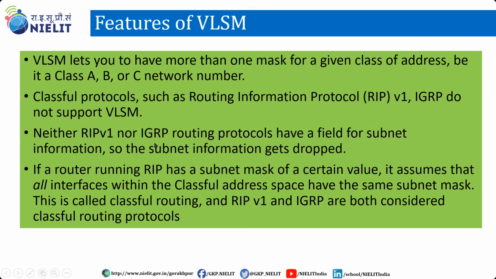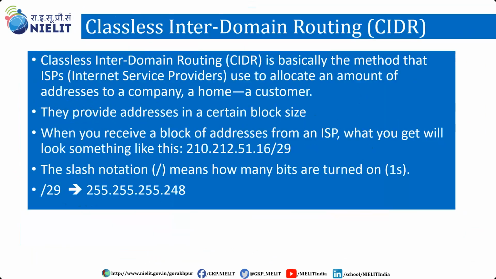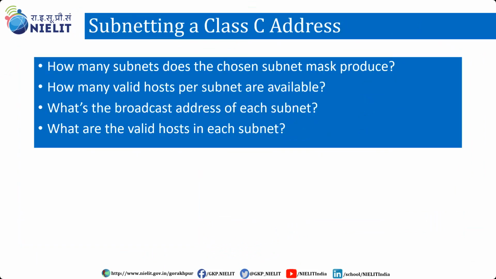nor IGRP routing protocol has a field for subnet information, because these routing protocols do not have a special field available for providing a variable subnet mask. So it is assumed that this protocol will use the same subnet mask across all the networks. तो अगर RIP प्रोटोकॉल इस राउटर पे इम्प्लीमेंट होता है तो वो ये एज्यूम कर लेता है कि सारे नेटवर्क में सेम सबनेट मास्क यूज हो रहा है, क्योंकि RIP प्रोटोकॉल में वैसा कोई ऑप्शन ही नहीं है कि हम अलग अलग नेटवर्क के लिए अलग अलग सबनेट मास्क प्रोवाइड करें, बिकॉज इट इज ए क्लासफुल राउटिंग प्रोटोकॉल.